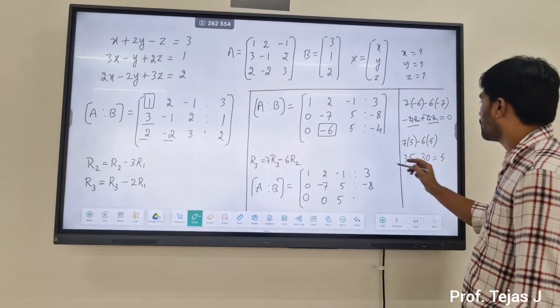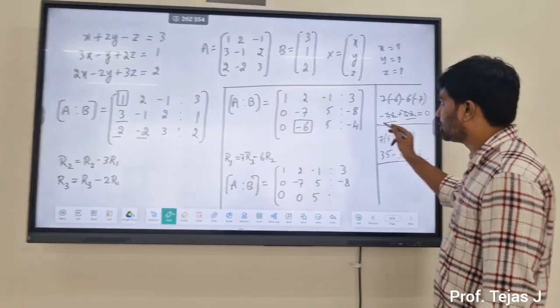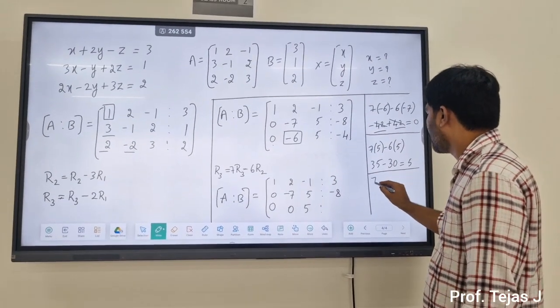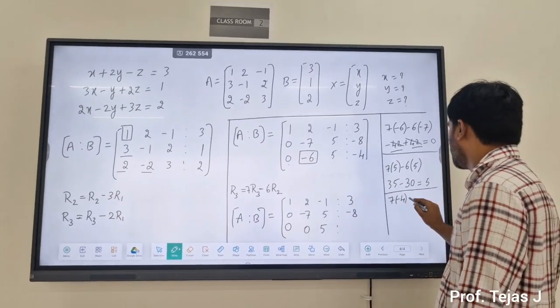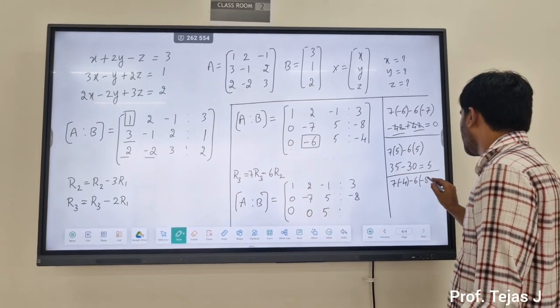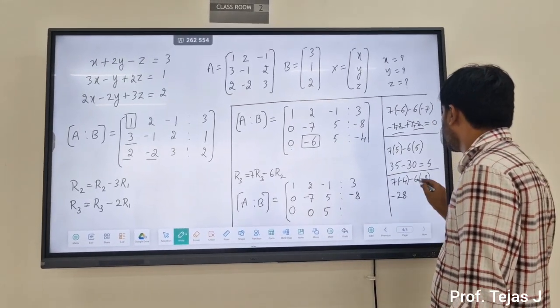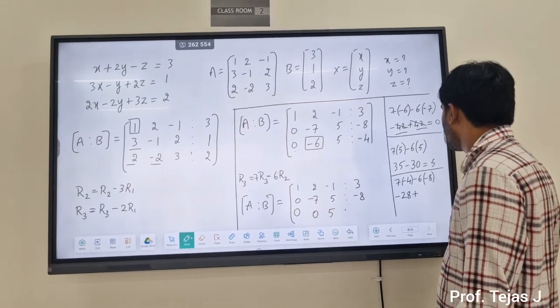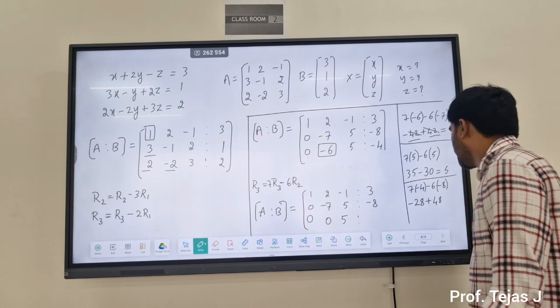And we try for the constant now. So we are trying here for each number. So 7 into minus 4, right? Then minus 6 into R2, which is minus 8. So which is minus 28. Minus into minus is plus, which is 48, correct?